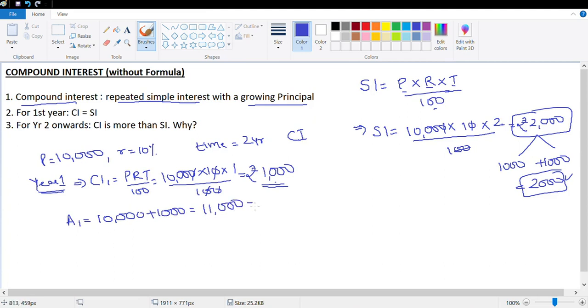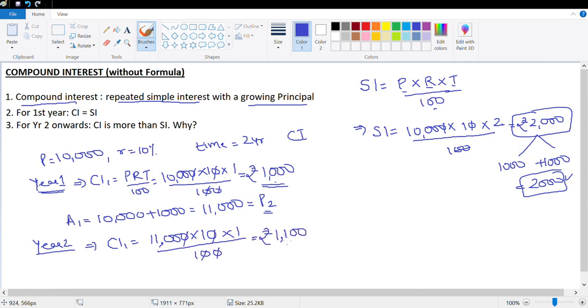Now this becomes the principal for second year, which means for year 2, compound interest would be equal to principal for year 2, which in this case now becomes 11,000. Rate is 10 multiplied with 1 because this is the second year, and this calculation gives us rupees 1100.